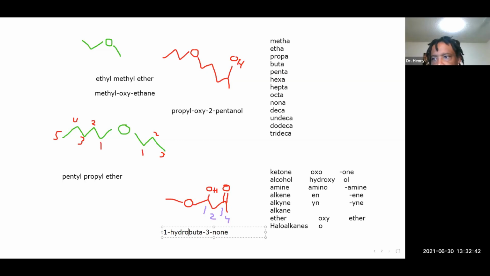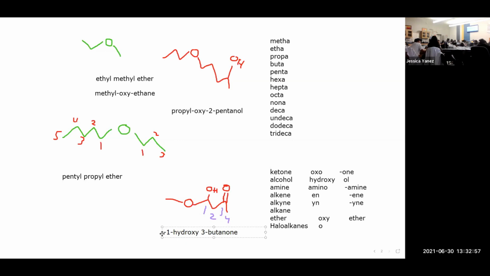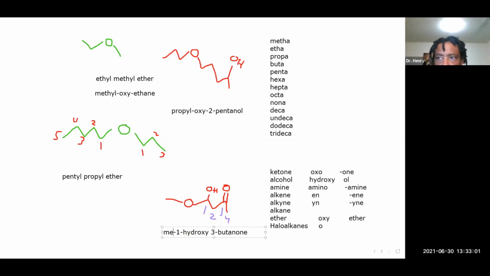So it's 1 hydroxy. And then we could have said 3 instead of putting it inside. Butanone. And then methyl oxy. So methyl oxy, 1 hydroxy, 3 butanone.